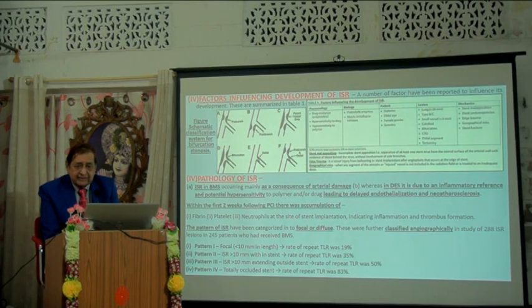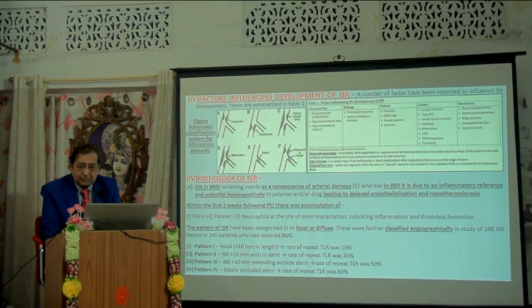Then third, edge trauma. So edge trauma is what? Vessel injury from ballooning or stent implantation after angioplasty that occurs at the edge of the stent. The fourth and the last, stent fracture.